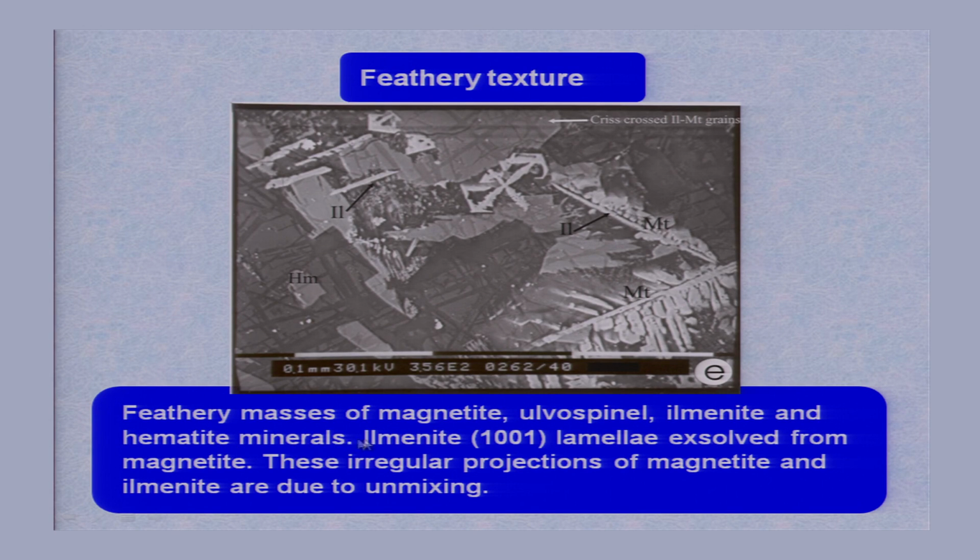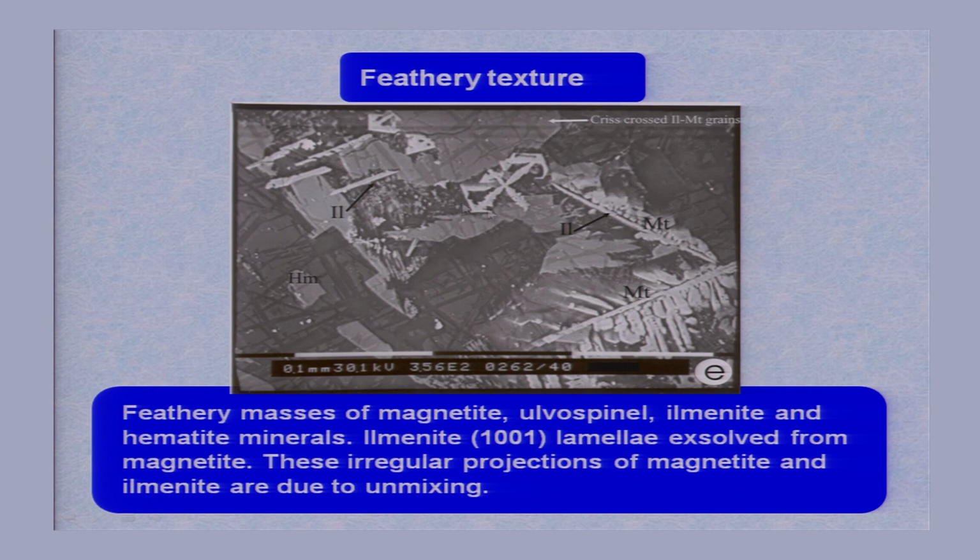Ilmenite and hematite minerals. Ilmenite is seen as lamellae exsolved from magnetite. These are the ilmenite lamellae. These irregular projections of magnetite and ilmenite are due to unmixing.